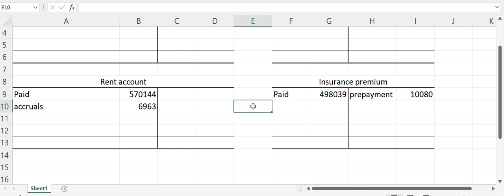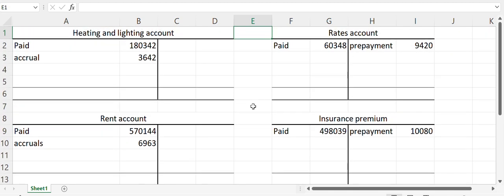Now, before we proceed to the other additional information, you are told that the balancing figure, let us first of all get the total here. This one plus that one. That should be the total on both sides.